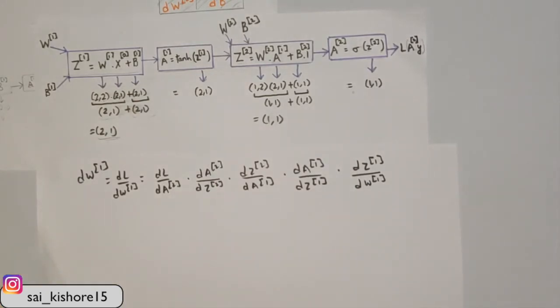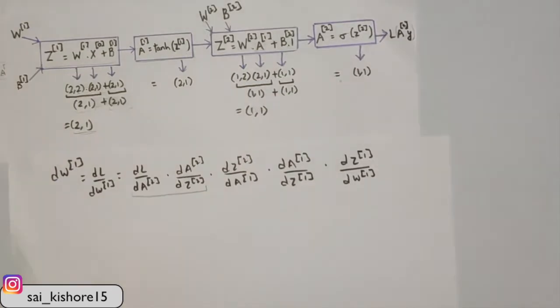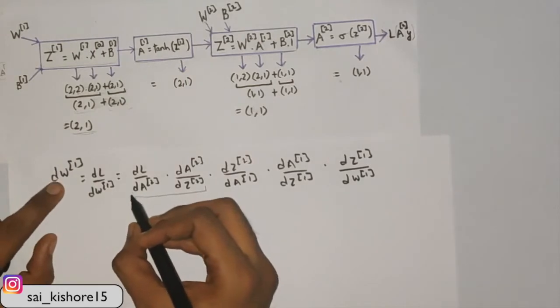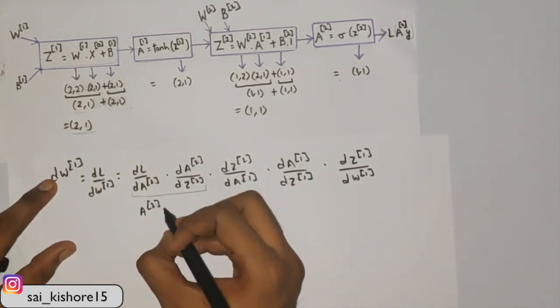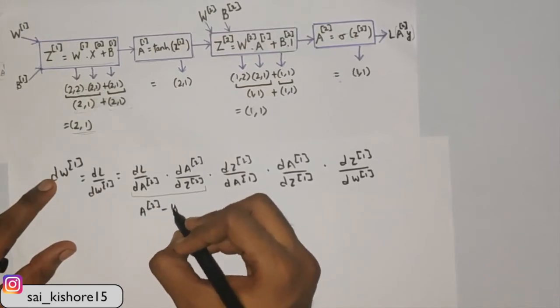So this looks like a very big problem, but it is pretty simple. Now we have already computed this term to be equal to a2 - y.